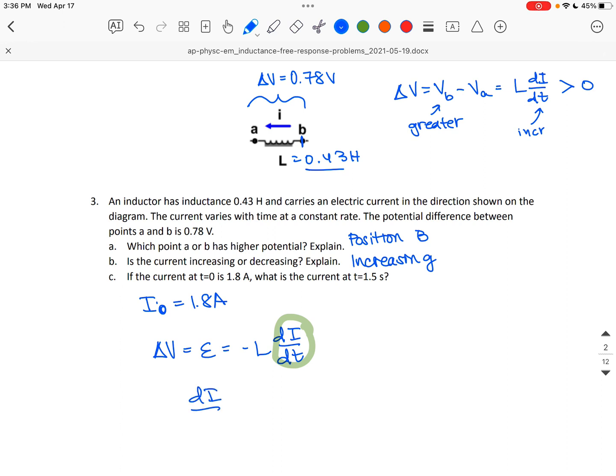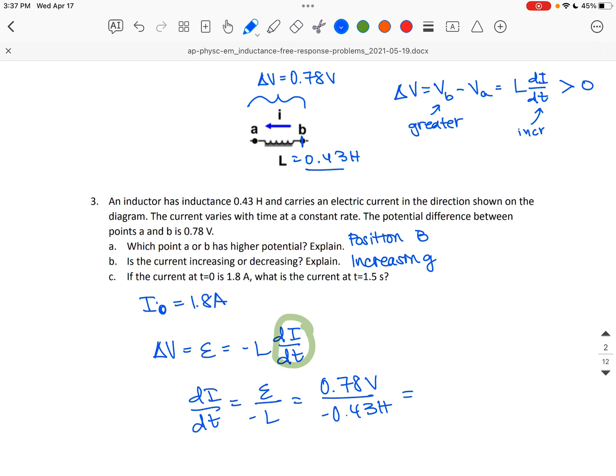So di/dt is equal to EMF over negative L. EMF is going to be 0.78 volts, and L is negative 0.43 henries.